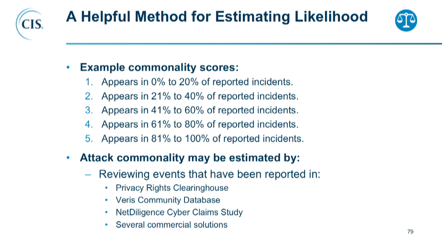So here's some example commonality scores. Let's say we stick with this range of 1 through 5 for our likelihood scores. And we say, if I'm looking at a data set, like at the bottom, like the Privacy Rights Clearinghouse, the Verizon breach report or the VERIS Community Database, the NetDiligence cyber claims study, there are a lot of commercial solutions that'll do this too.